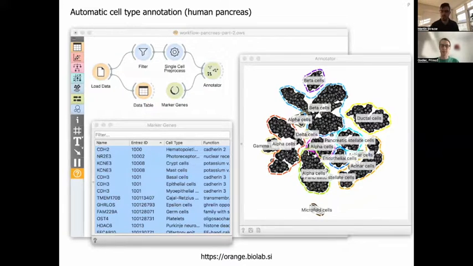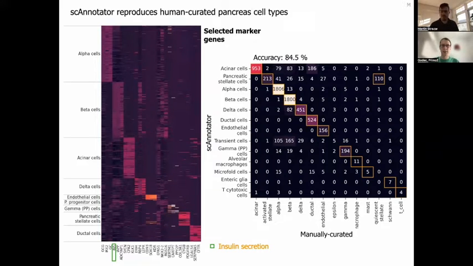For example, for beta and alpha cells that are dominant in the human pancreas, to the much smaller groups of immune cells, which you can see down on the bottom. To quantitatively evaluate the performance of our method, we compared the proposed annotation by the single cell annotator widget to the manually curated cell types by the original authors.